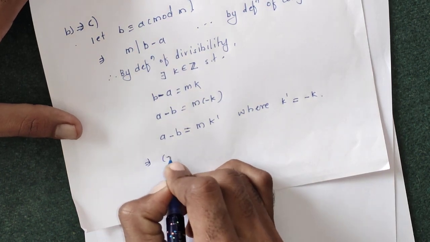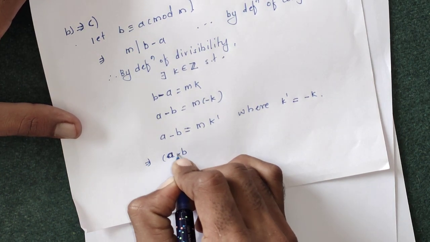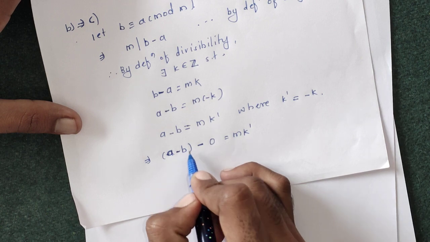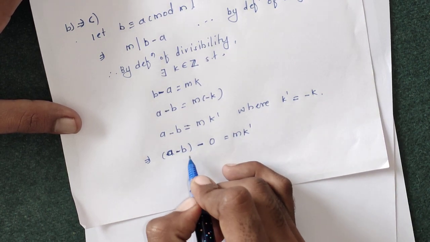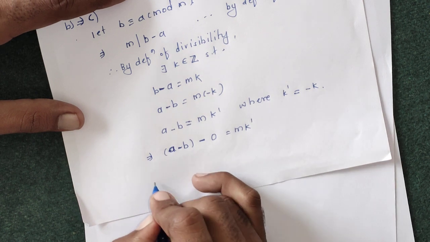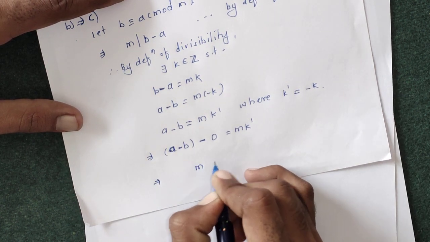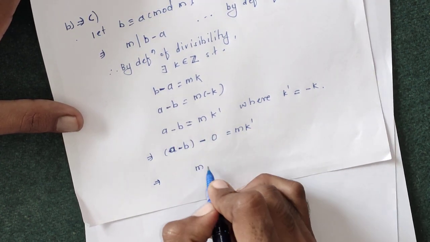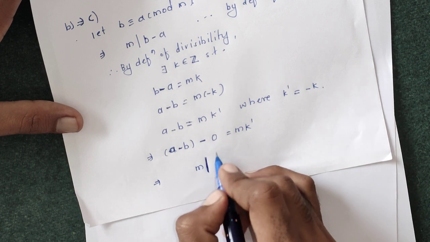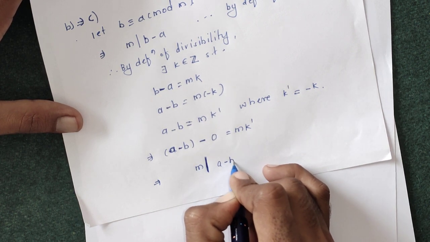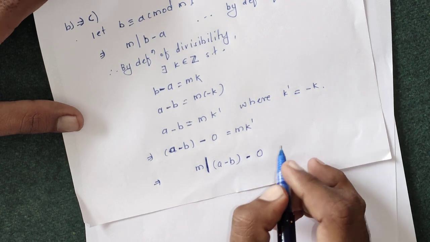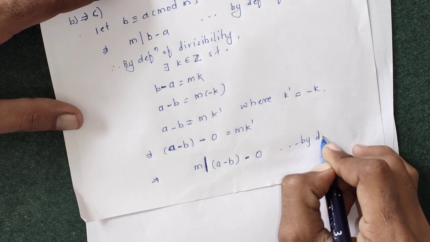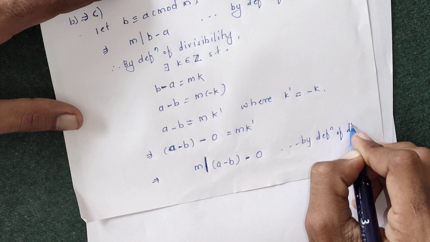We can write it as A minus B minus 0 is equal to m into k prime, since A minus B minus 0 is again A minus B. Since this is equal to m into k prime, m divides A minus B minus 0. Therefore, this is by definition of divisibility.